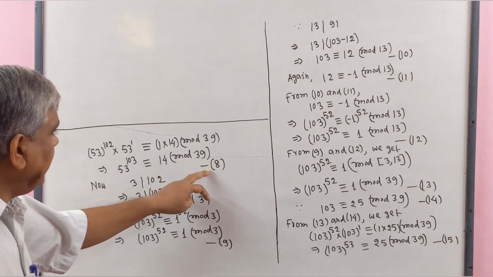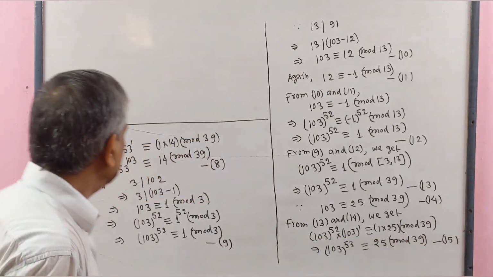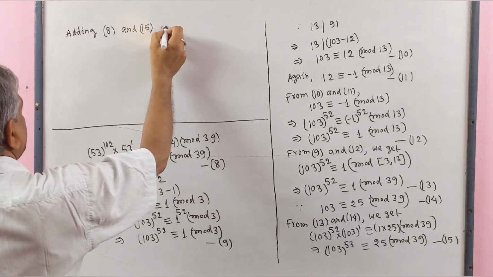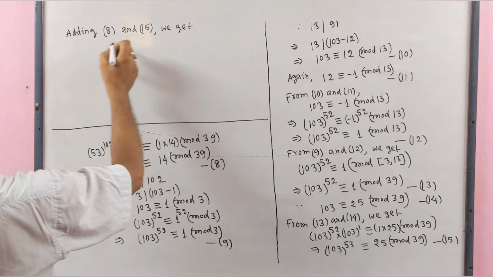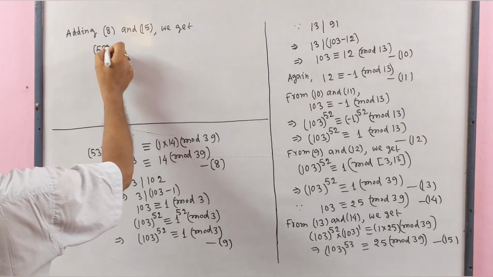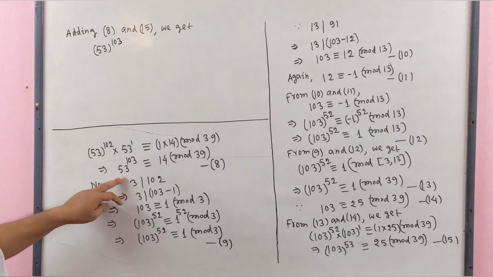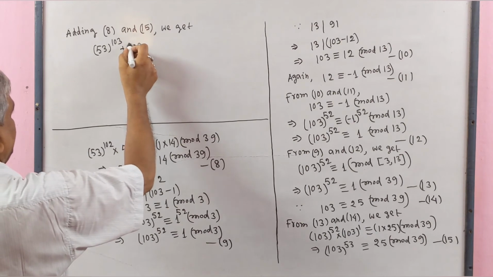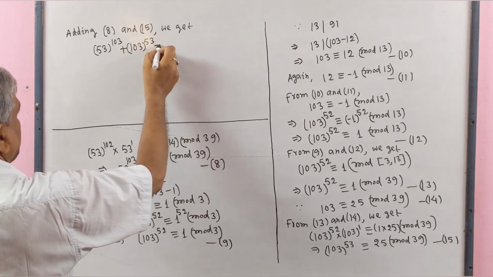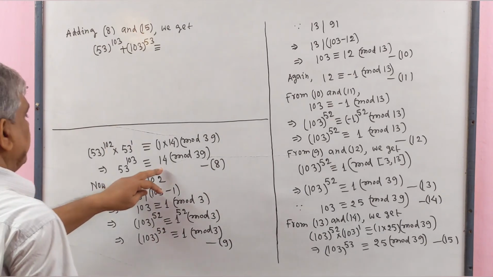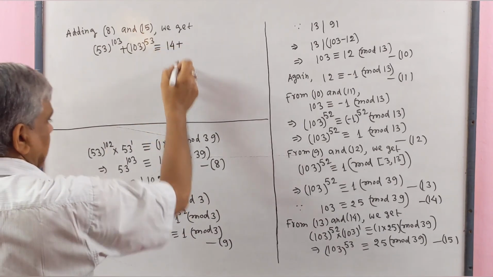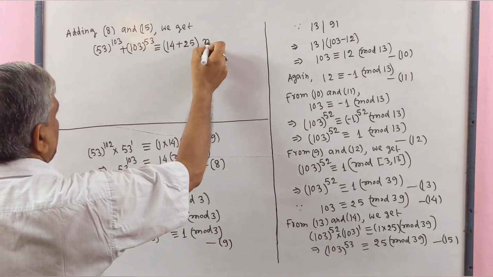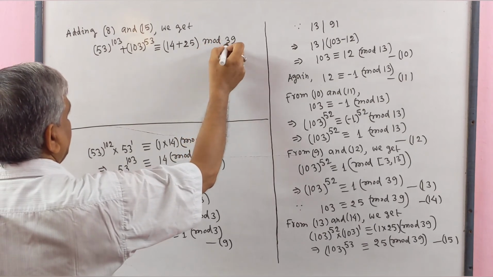Now adding 8 and 15, on the left side 53 to the power 103 plus 103 to the power 53, and on the right side 14 plus 25, modulo 39.